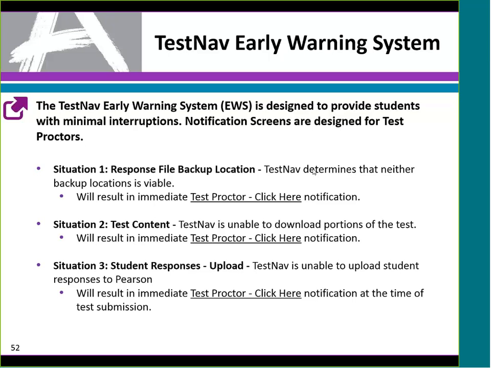So it goes up to Pearson, question by question, for the student, and downloads that content as it's required. So usually the only time you get the test content not available if you're using a Proctor Caching machine is if the actual Proctor Caching machine isn't available. Or if you're not using Proctor Caching machines, if for some reason the link between the TestNAP server and the testing device gets interrupted or any of that traffic gets blocked, that can cause the issue as well.